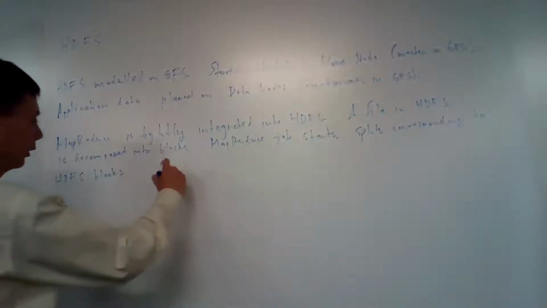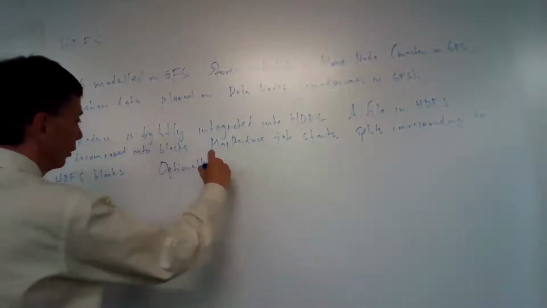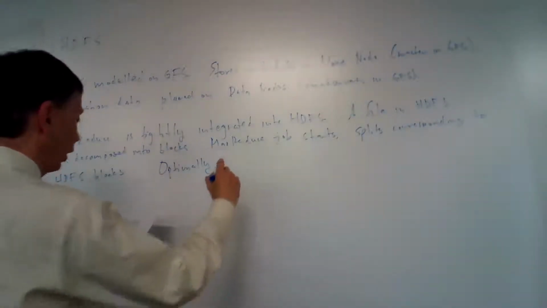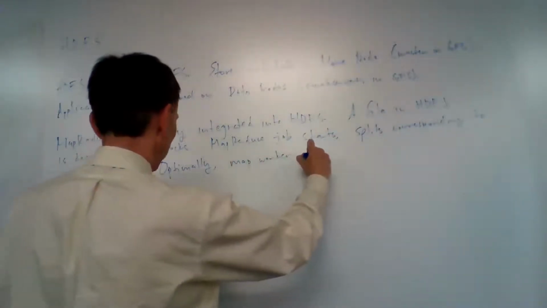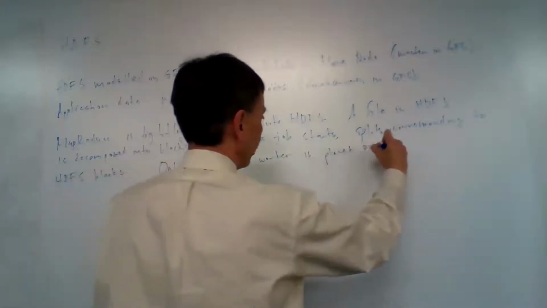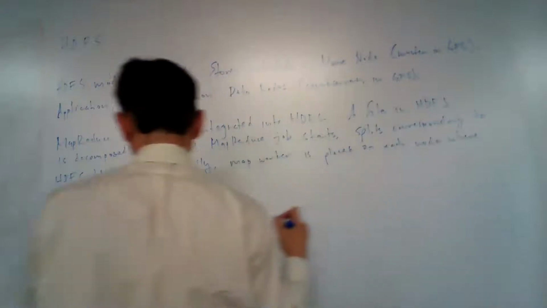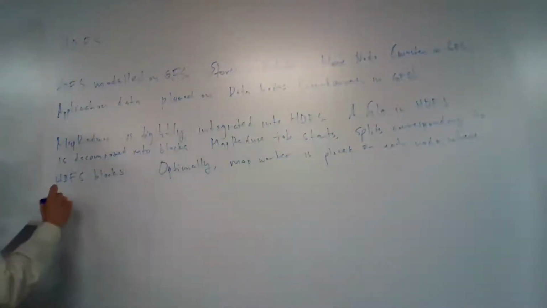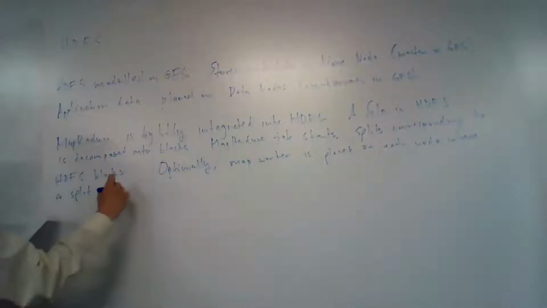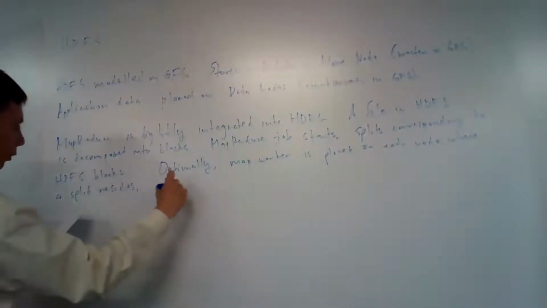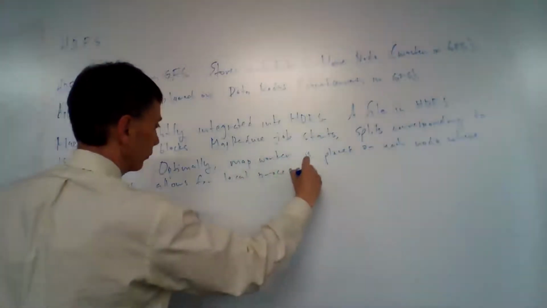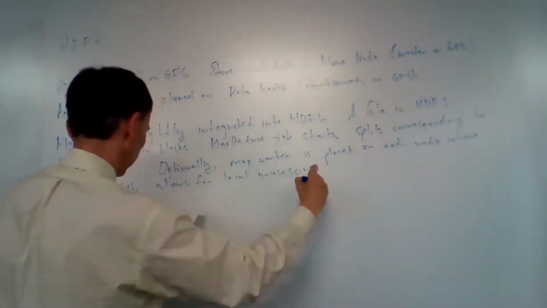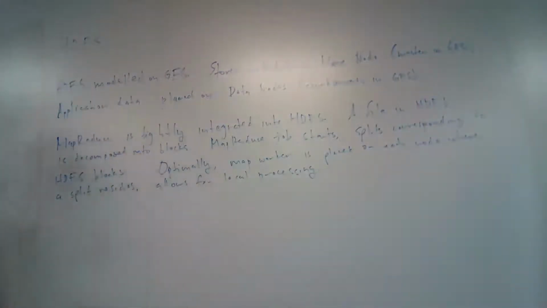And so optimally, if we can do it, a map worker is placed on each node where a split resides. And that allows for local processing and little network overhead.